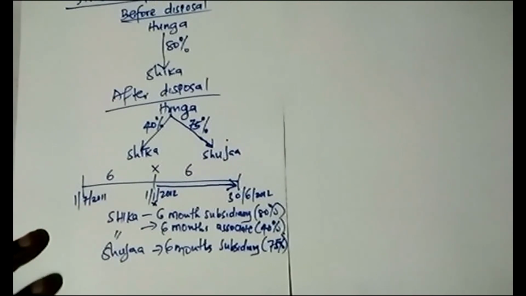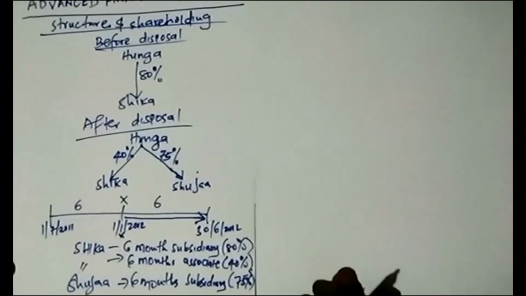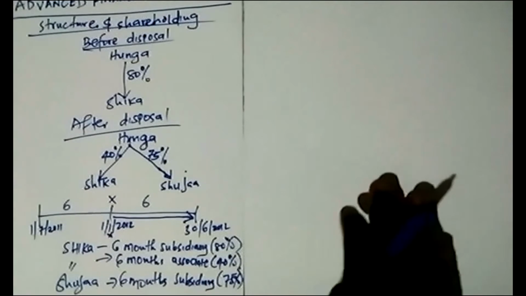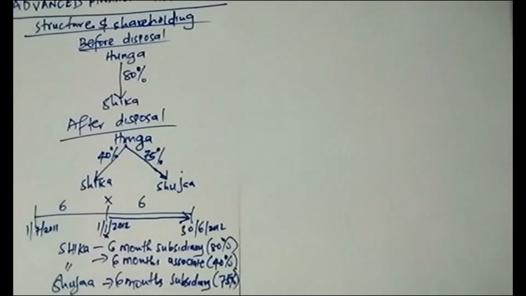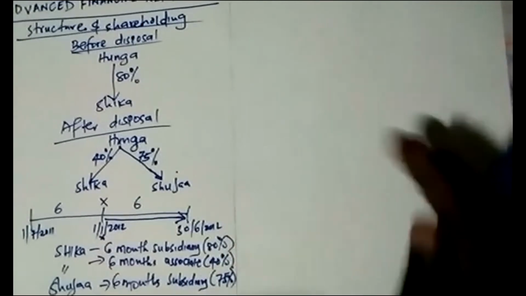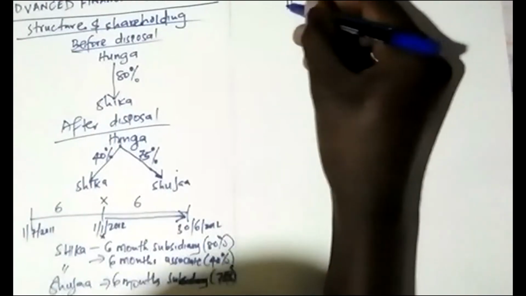After we are done with that, we can do what is required. What is required is to do the consolidated income statement and statement of financial position. So I will move with speed. We talk about Hunga.